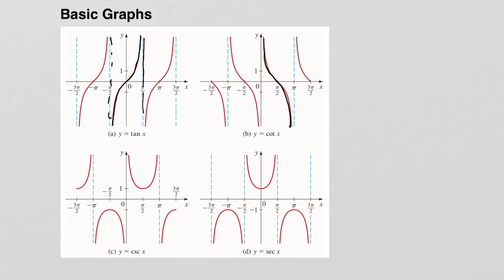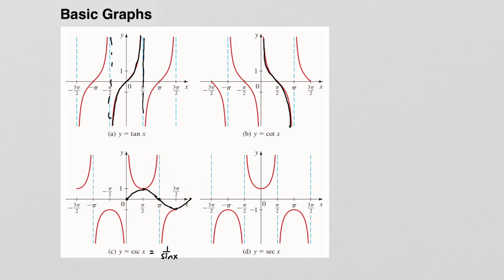For cosecant and secant, the best way to graph these is to actually graph their reciprocal functions. So let's keep in mind that cosecant is equal to 1 divided by sine of x. So if I impose the sine graph on here, what I want you to see is that the cosecant graph basically has an asymptote anywhere sine is equal to 0, right?